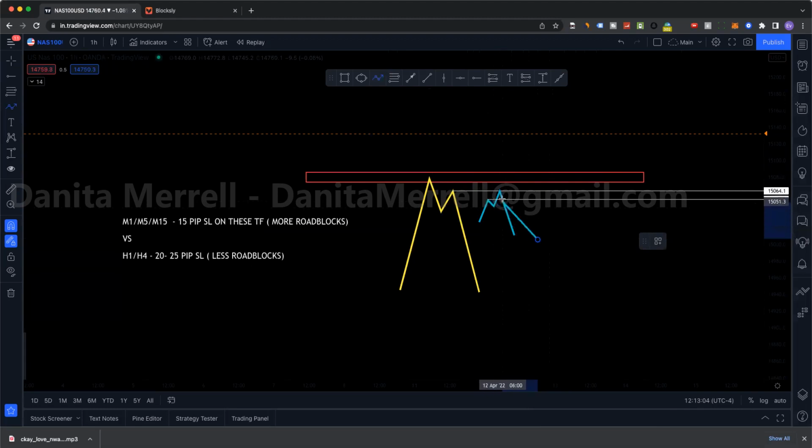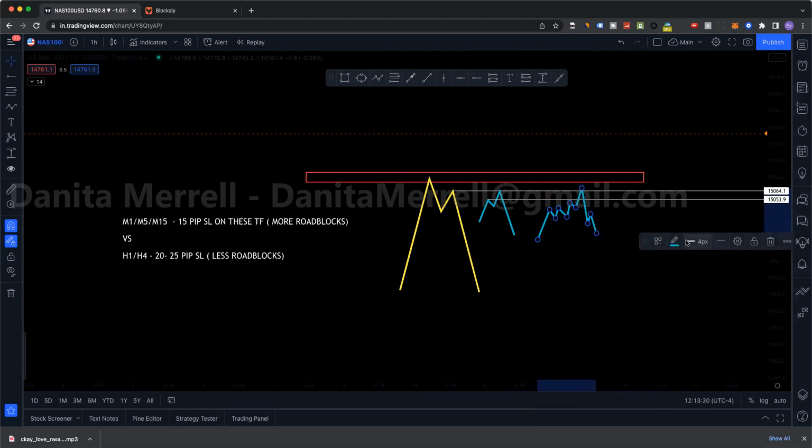So this area right here, when price gets here, or this little leg right here, it's going to look maybe something like that, right?